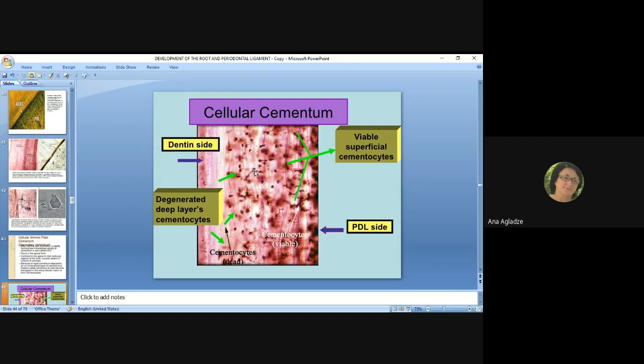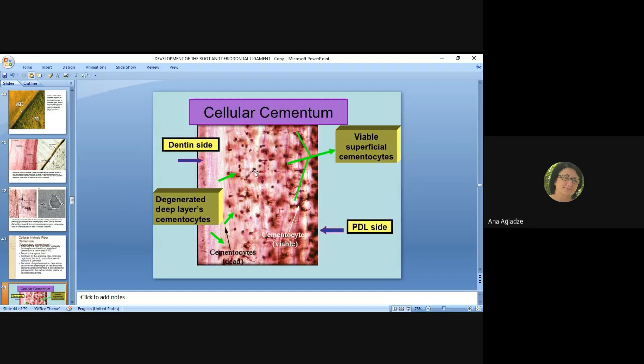Cellular mixed fiber cementum originates in this way, comprising layers of acellular and cellular cementum, that is, intrinsic fiber cementum and acellular extrinsic fiber cementum.